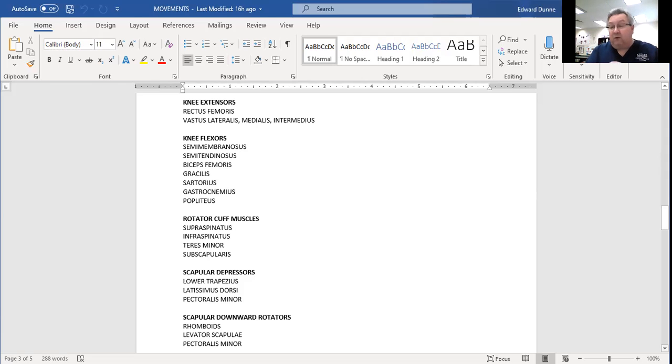It's that small muscle, but remember, that's the muscle that unlocks the knee from the knee extension position. All right, it's the popliteus muscle. Okay, so those are the main knee flexors of the body.